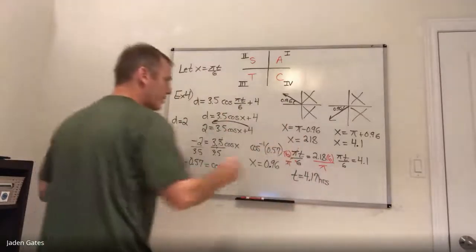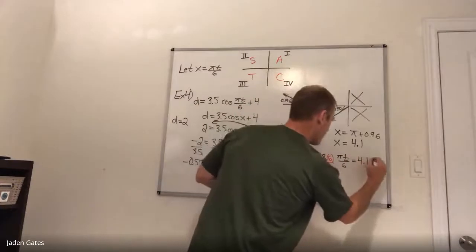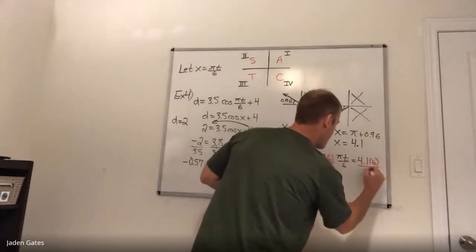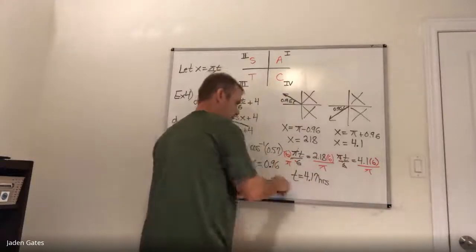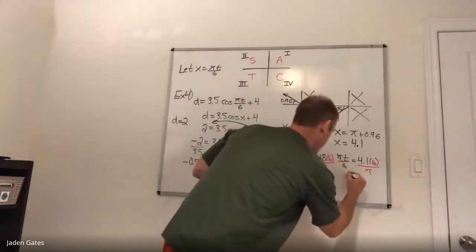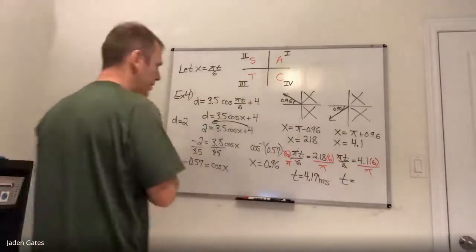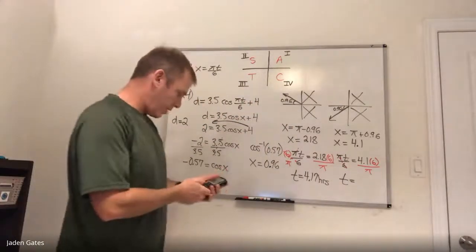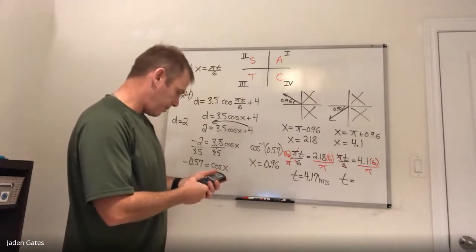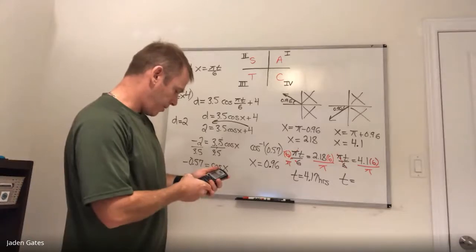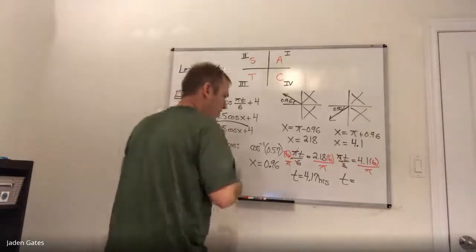Do the same thing for the second equation: multiply by 6, divide by pi, and that gets rid of both of those. We want to know when the water is at a height of 2 meters, so let's check it out. 4.1 times 6 divided by 3.14 gives 7.83 hours.